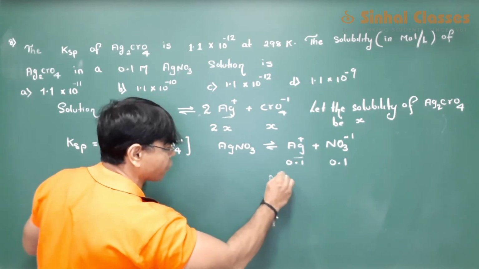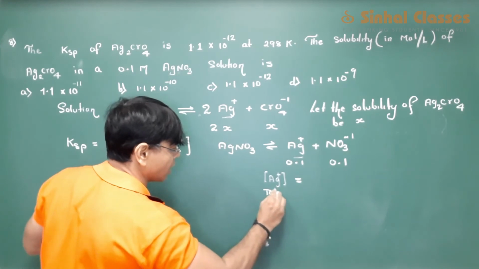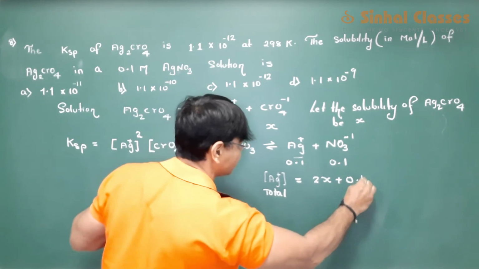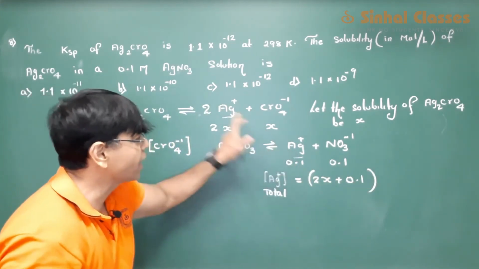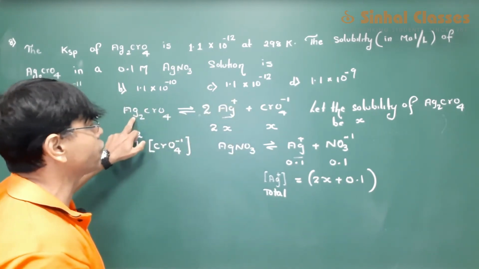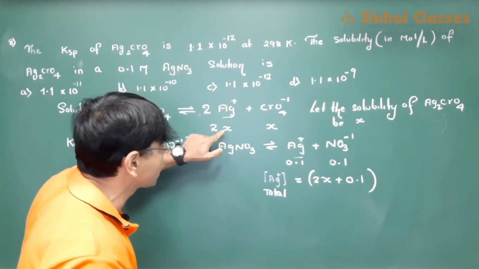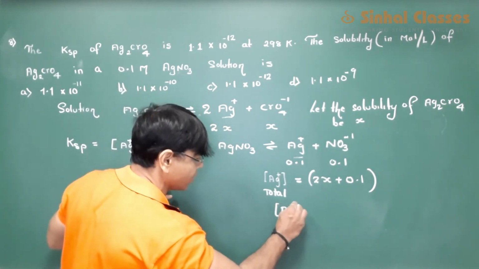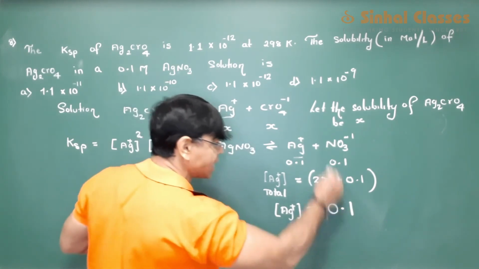Total silver ion will be the sum of both, so 2x plus 0.1. But due to the common ion effect, the dissociation of silver chromate is suppressed. So the solubility coming out from here is very small. So the total Ag plus, we take approximately 0.1 only, neglecting 2x.